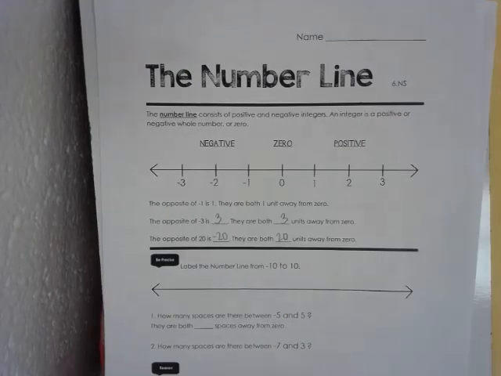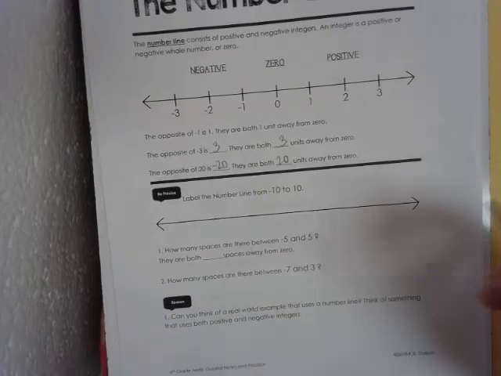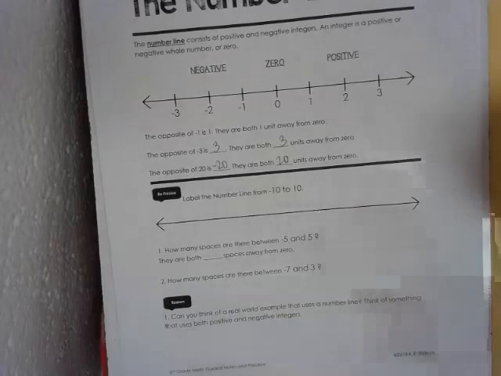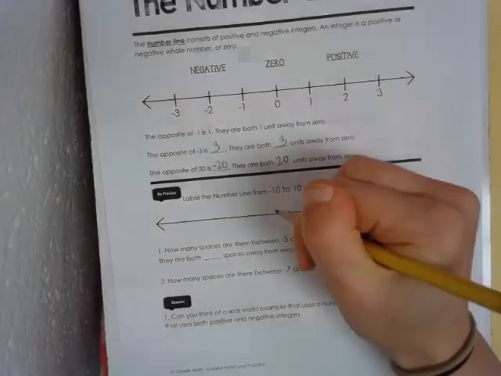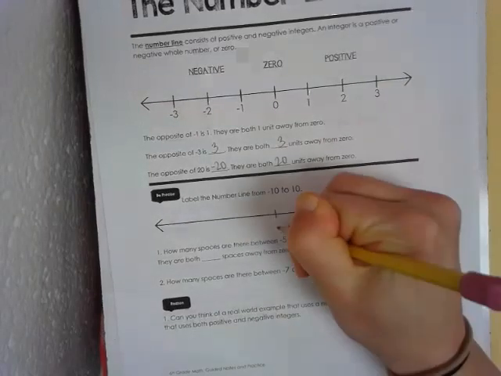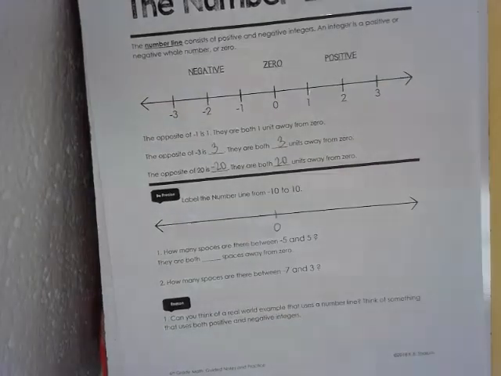Now we need to make a number line where it says be precise. Label the number line from negative 10 to 10. You can pick a ruler if you want to, but I always start by looking at where my middle would be. My middle is about here, and I label that 0. The 0 is going to be in between negative 10 and 10.